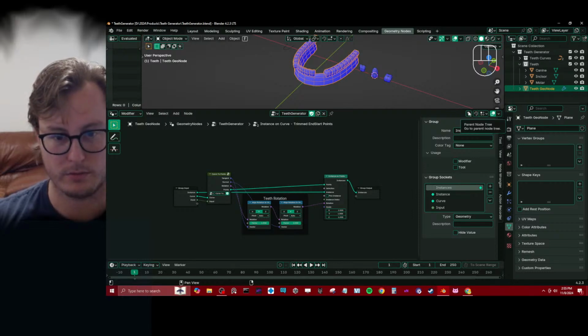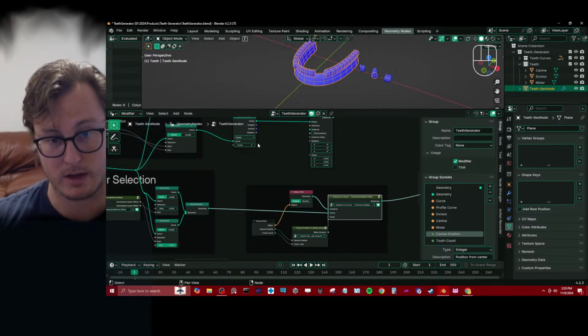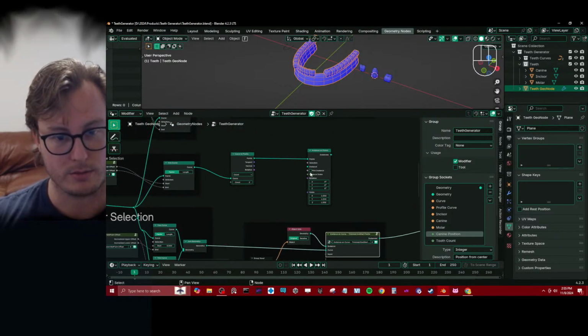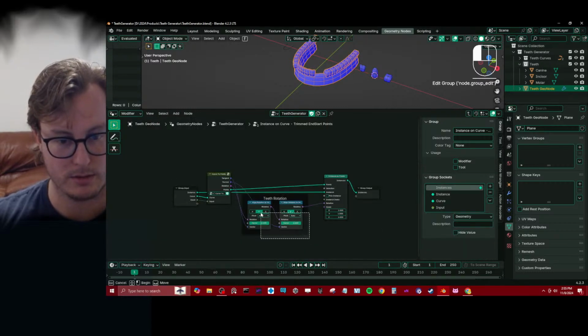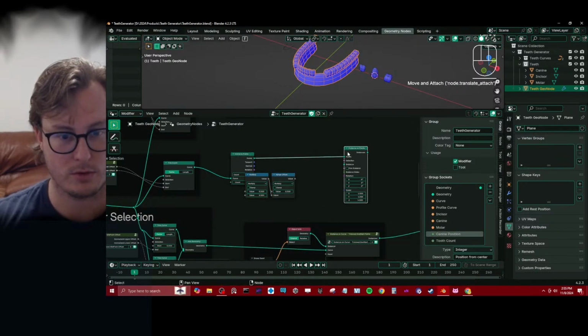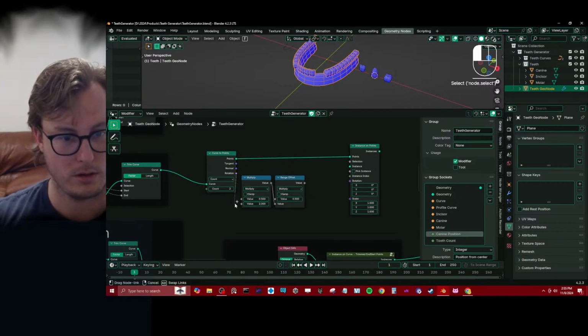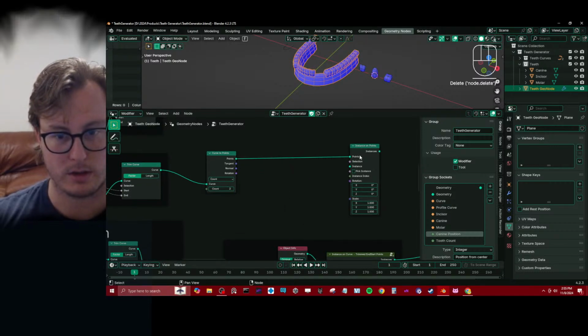Okay, I can use this curve to points. No, but this trims the end and start, so that's why I'm not using it. So I do want to go back in there again. Copy these. Back up. Paste again. Take my rotation. What? That's not what I wanted to grab.